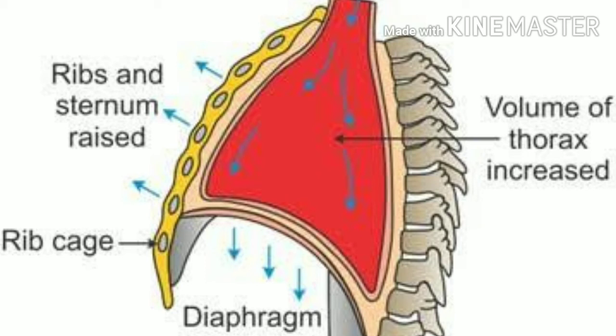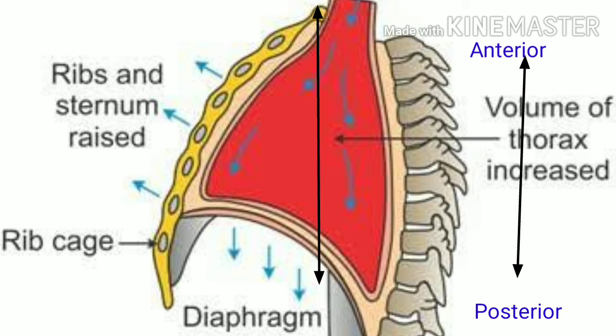The contraction of the diaphragm increases the volume of the thoracic chamber in the anterior and posterior axis. Do you understand?